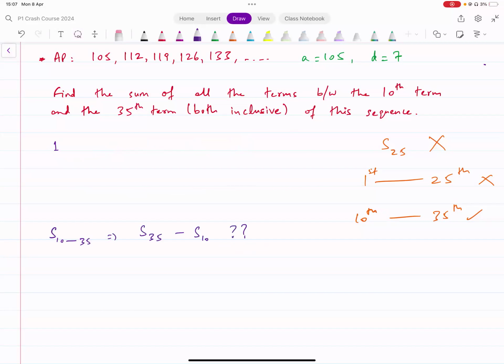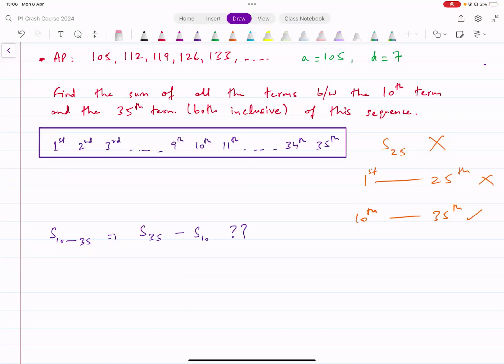We have the first term, then the second term, and the third term, and so on. So what are the important terms? Then 9th, 10th, 11th, and then at some point we would have 34th, 35th, etc. These are the terms that we are focusing on, from term 1 to term 10 to term 35.